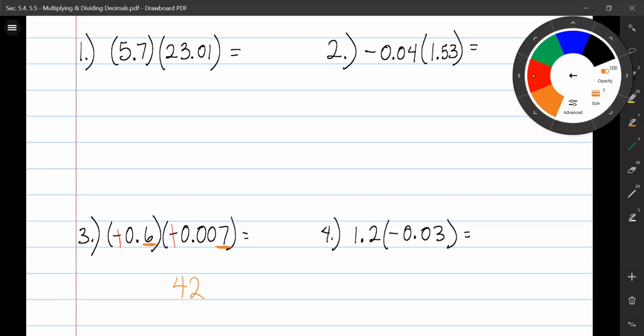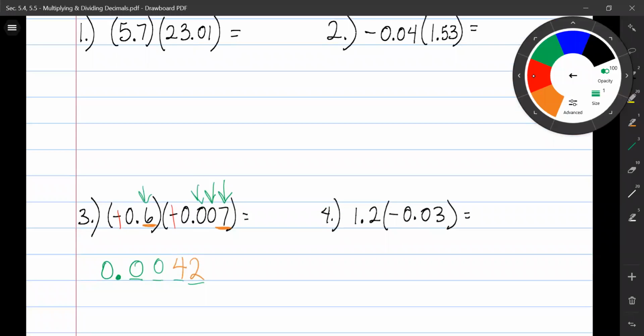And then to figure out where the decimal point is going to go, we're going to count the total number of digits after the decimal point in our two numbers that we started with. So that would be 1, 2, 3, 4. So that means we need 1, 2, 3, 4 digits after our decimal point. Okay, so our final answer is 0.0042.